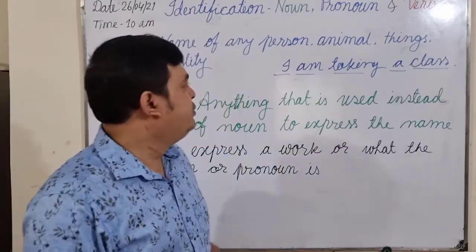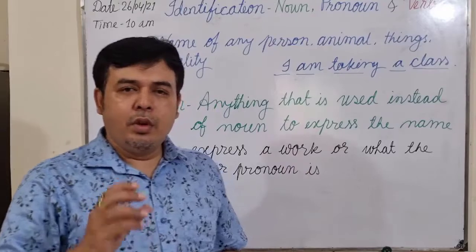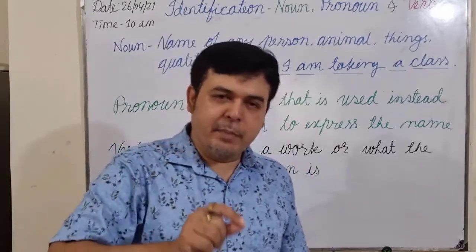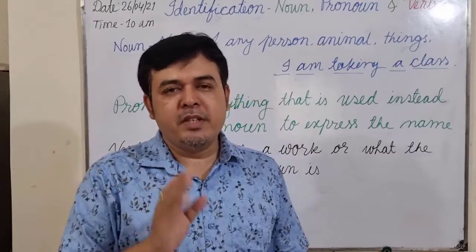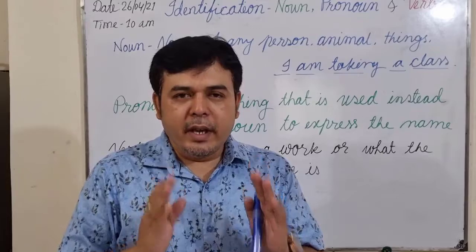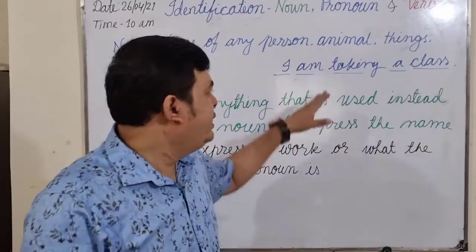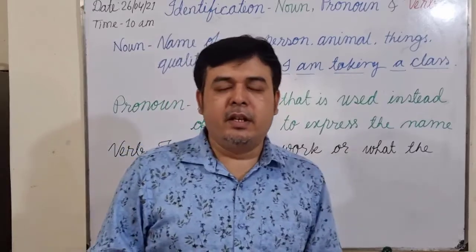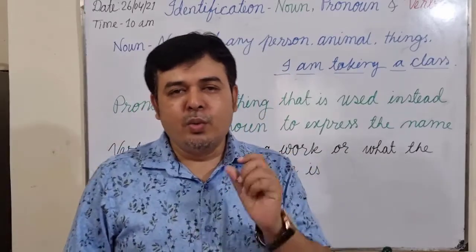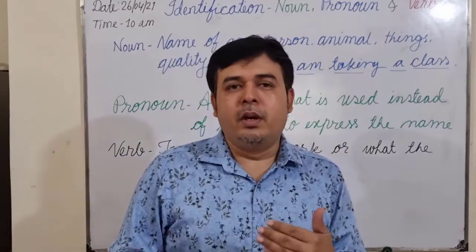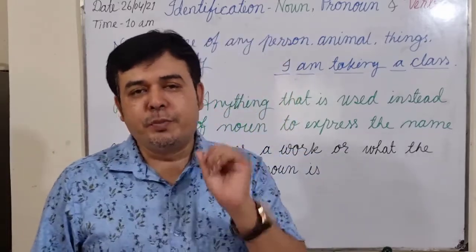We have to know which word is called by which name. There are 8 kinds of parts of speech, which means a maximum of 8 names can be hidden in a sentence, and we have to find out which word will be named by which part of speech.